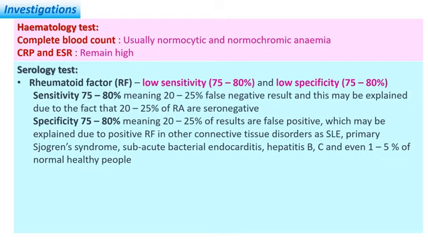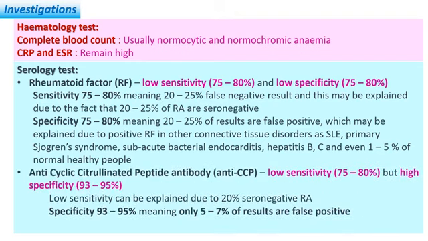Specificity 75 to 80%, meaning 20 to 25% of results are false positive, which may be explained due to positive rheumatoid factor in other connective tissue disorders such as SLE, primary Sjogren syndrome, or in subacute bacterial endocarditis, hepatitis B, C, even 1 to 5% of normal healthy people.